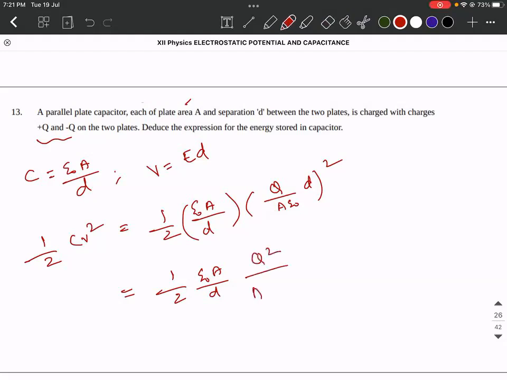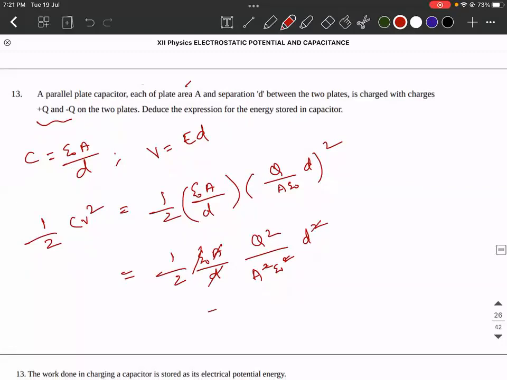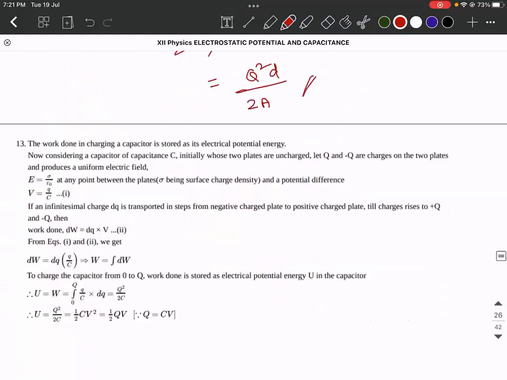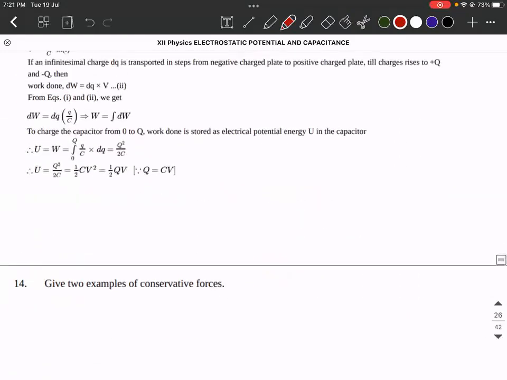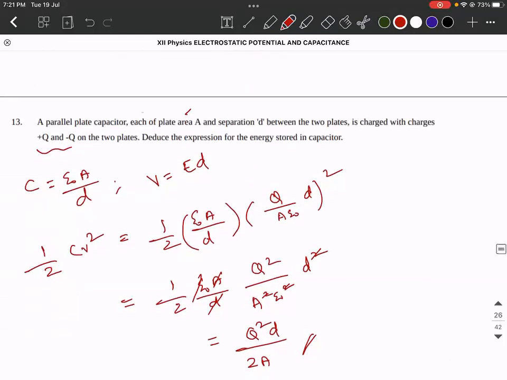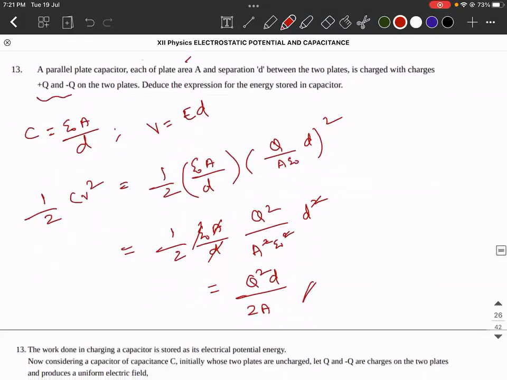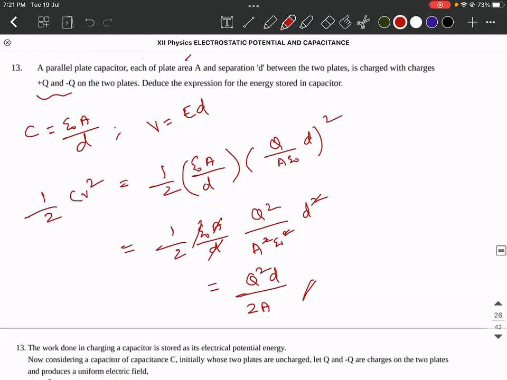Q by A is sigma, no? Sigma by 2 epsilon naught is due to one plate.